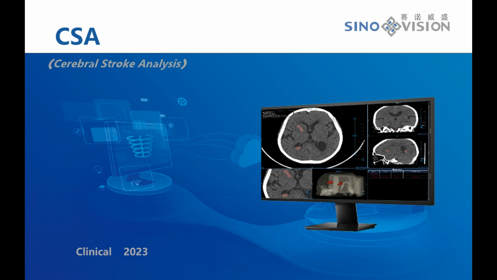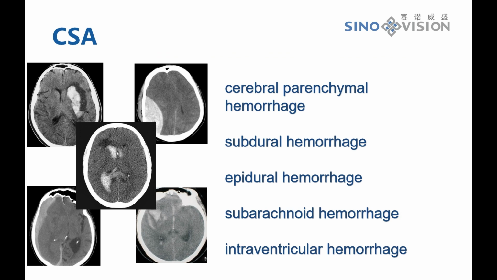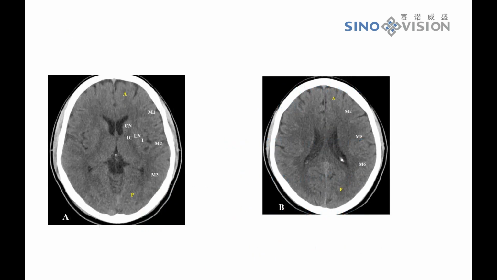CSA enables quantitative analysis of cerebral hematoma and cerebral infarction in patients. Among them, cerebral hematoma analysis can realize automatic detection of cerebral hemorrhage types, including cerebral parenchymal hemorrhage, subdural hemorrhage, epidural hemorrhage, subarachnoid hemorrhage and intraventricular hemorrhage, etc., and can also perform semi-automatic extraction and parameters quantitative analysis.